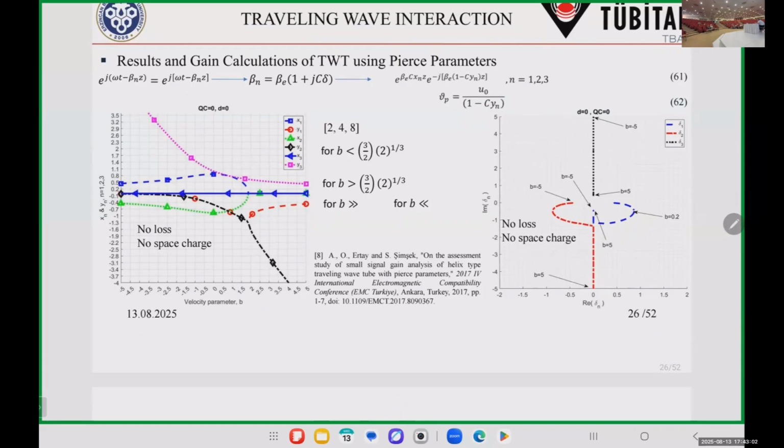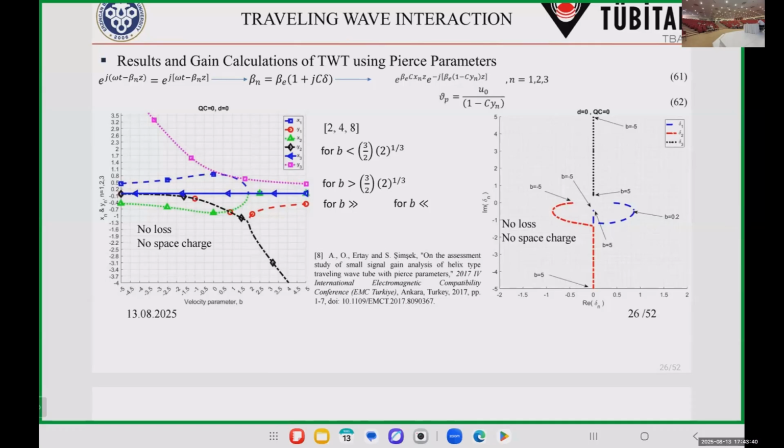If we check the right side of equations 61 and 62, for example 61, we can see that x contributes to the incremental amplitude of beta, and y contributes to the velocity of the electron beam.